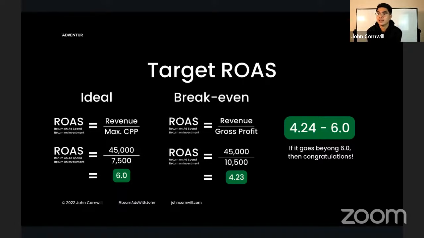So we can say that we're still profitable at 4.24 to 6. Kung lumagpas yan ng 6, congratulations. Mas marami kang kita. Pag bumaba yan ng 4.24, 4.23, break even ka pa. Pag bumaba pa, lugi ka na. Okay? So I hope you got that, ha?